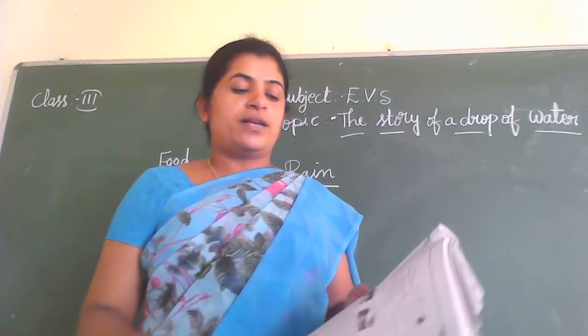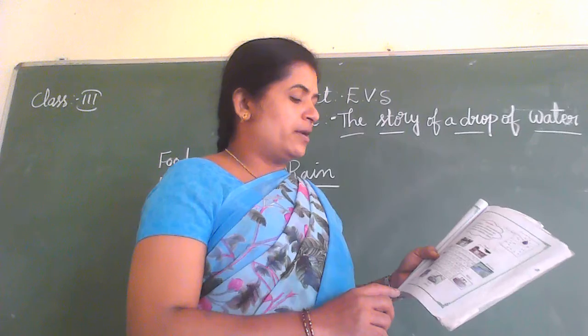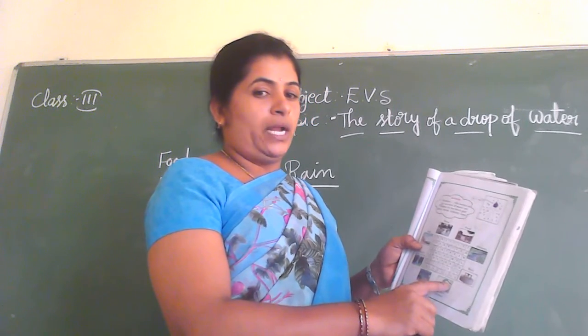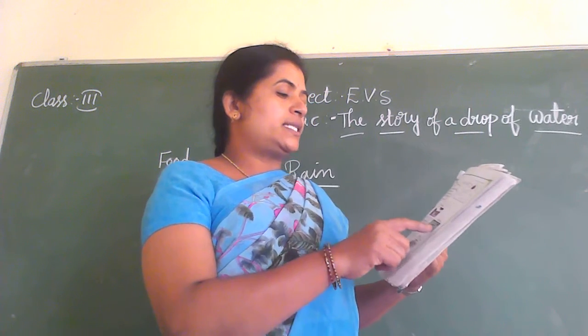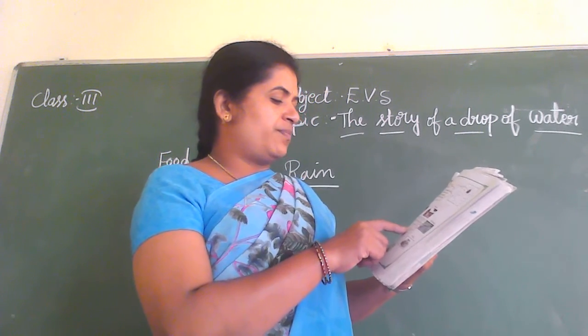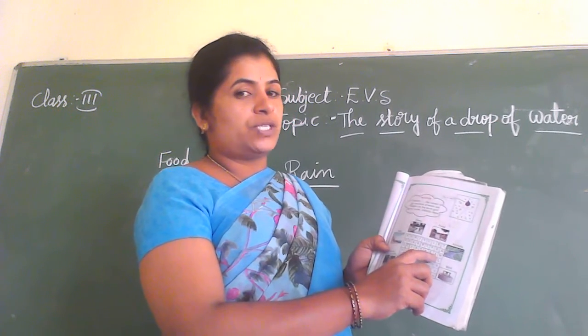First one, river. In the second line, we can identify river. Pond. Yes, here top to bottom, P-O-N-D, pond. And then stream. Stream, where, children? Yes, here third line. S-T-R-E-A-M, stream.